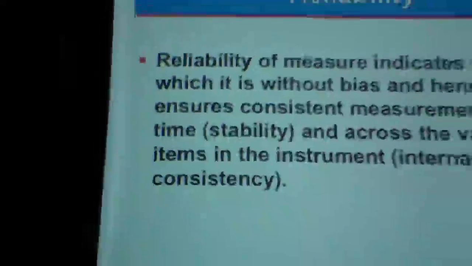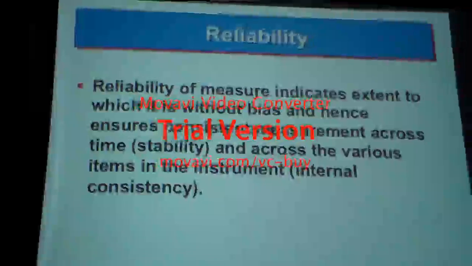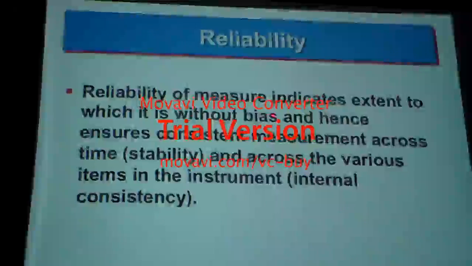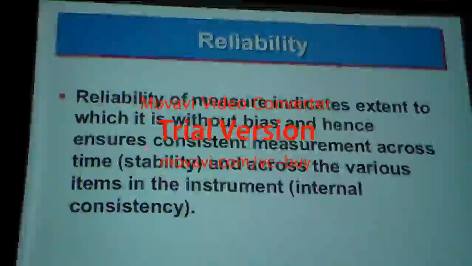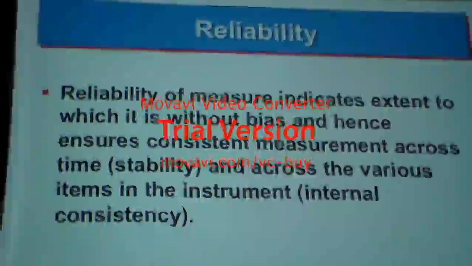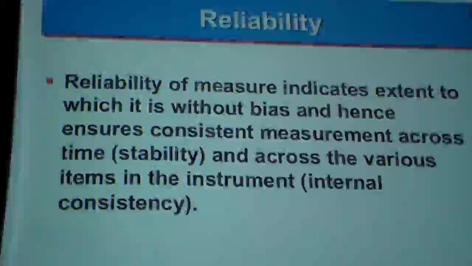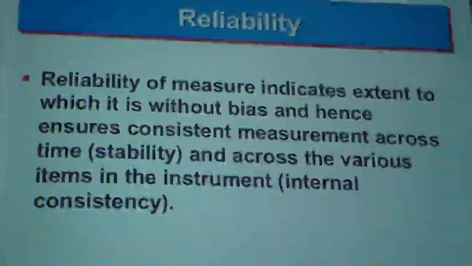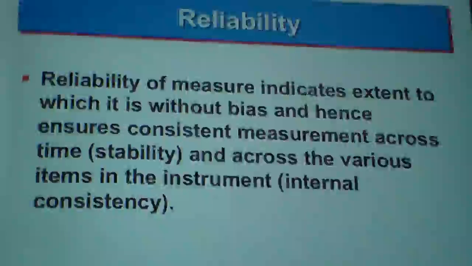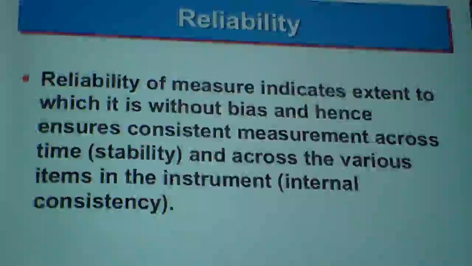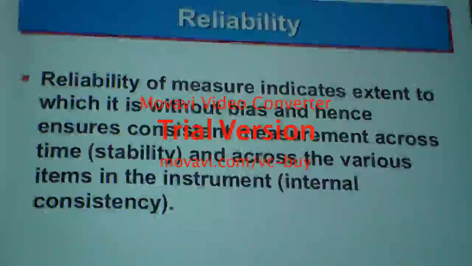At least you can understand what we mean by reliability and stability. Reliability of a measure indicates the extent to which it is without bias, without leading to some point. So the measure is fair for all cases, for all instances. There is no bias, and hence it ensures consistent measurement across time.